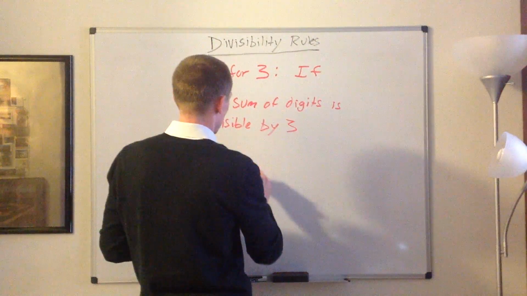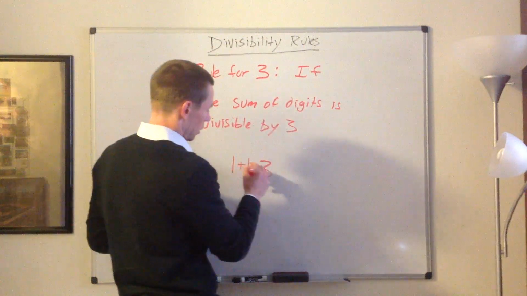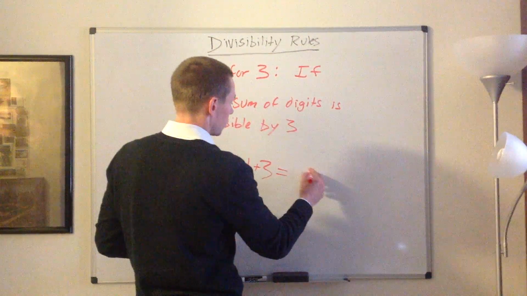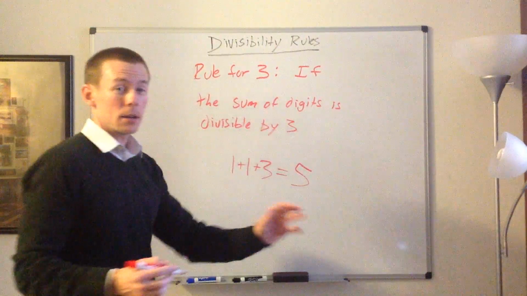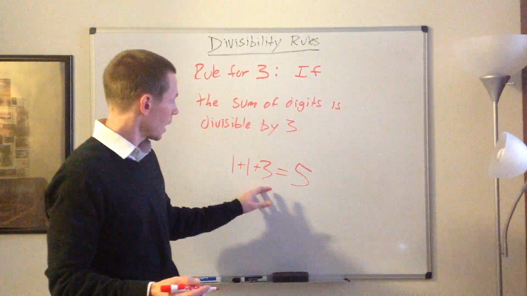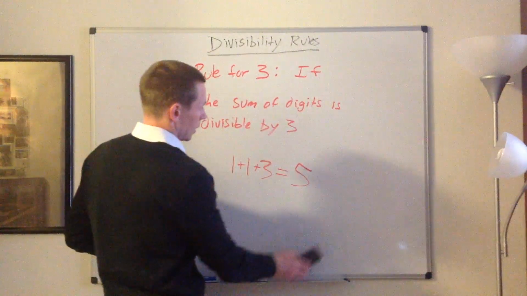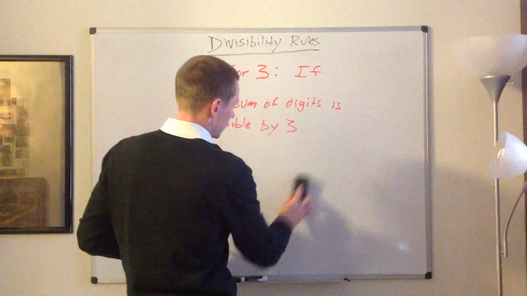So if we looked at 113, if I add up the digits, 1 plus 1 plus 3, that equals 5. Does 3 go into 5 without a remainder? No, it goes in once with a remainder of 2, so I knew right off the bat that 3 would not go into 113.